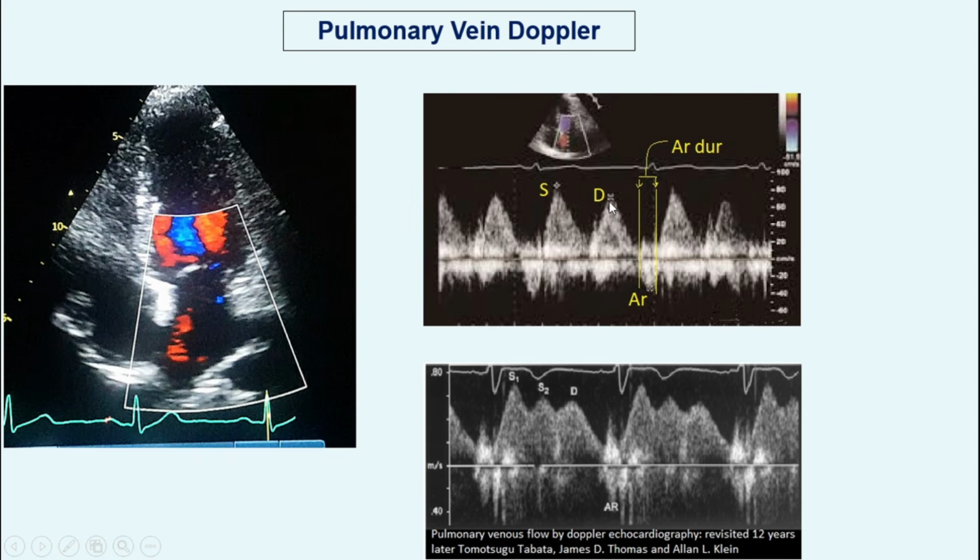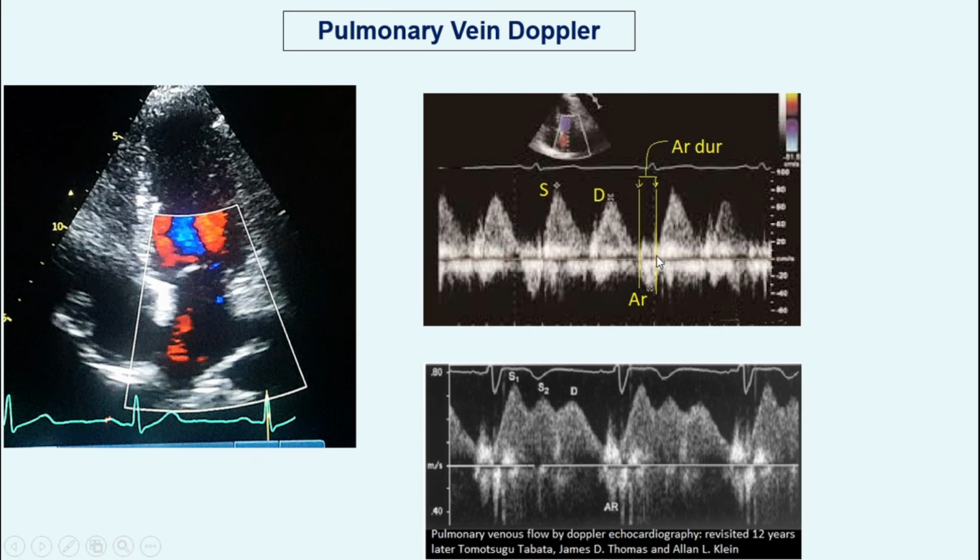And if you notice here, S is right after the QRS complex, and D is at diastole time after the T wave and before the A wave. And the third wave is AR.